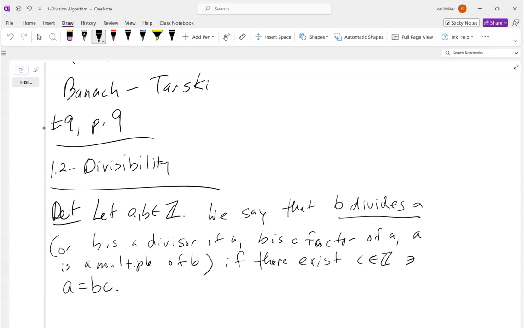The issue with dividing by 0, of course, is that the answer is not unique. 0 times 1 is 0, 0 times 0 is 0, 0 times 8 is 0, 0 times negative 75 is 0. It's not that you can't divide by 0. Division by 0 actually is not that big of a deal. The problem is that I don't get a unique answer. That's why we say we can't divide by 0.